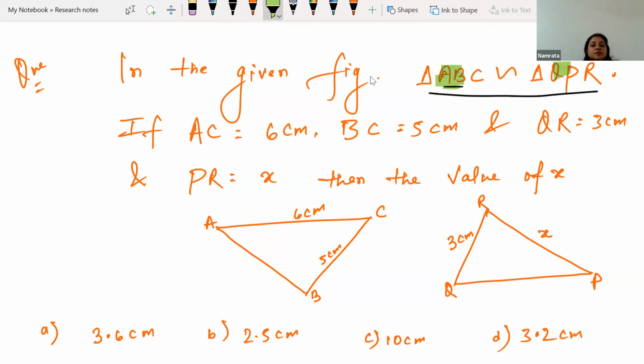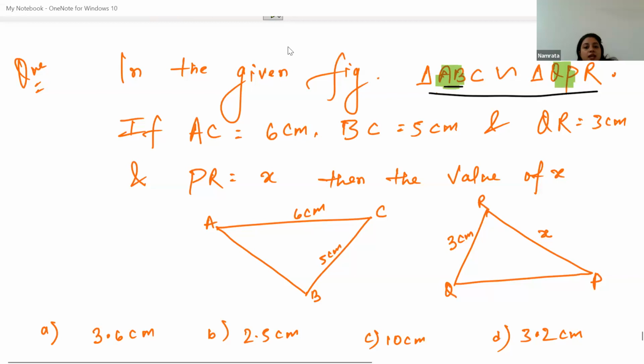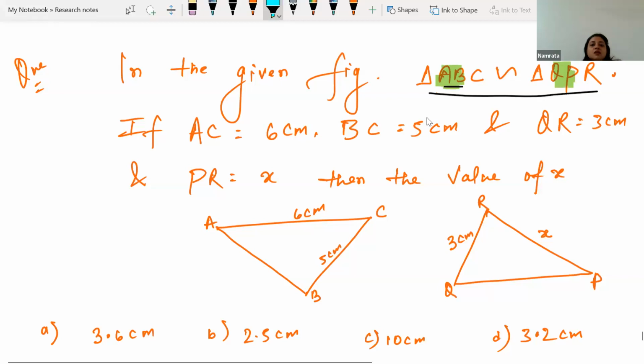Side AB, side QP. Okay? Side BC by side PR. And the last one will be side AC by side QR. These sides will be in proportion with each other since these two triangles are similar triangles.